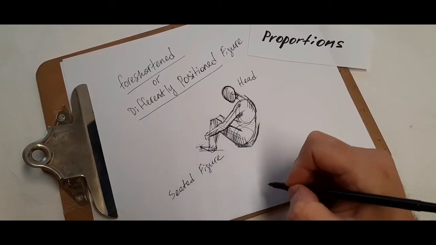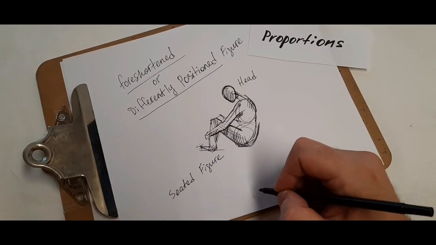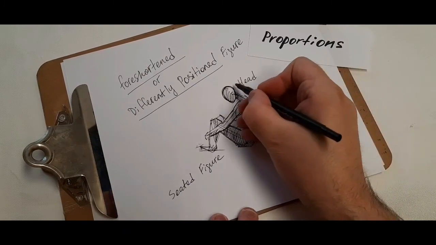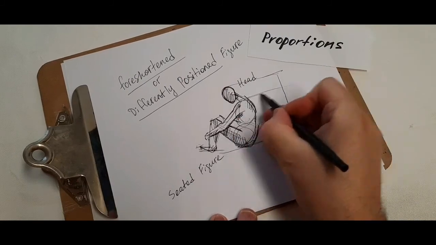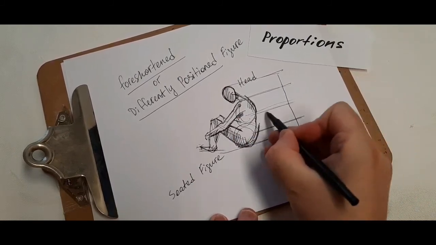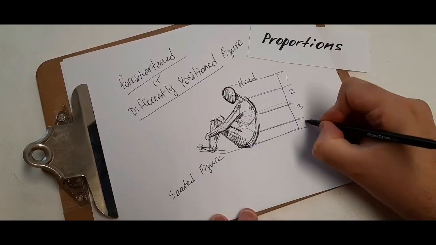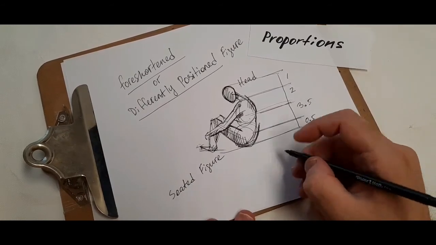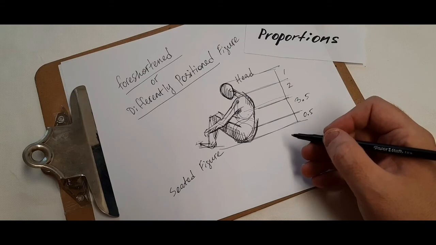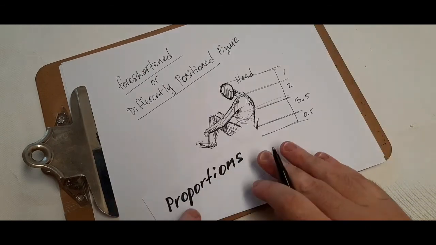I still use the head as the point of measurement. However, I account for the fact that not the entire body is stretched out and standing. The figure is seated, so its measurements have changed.